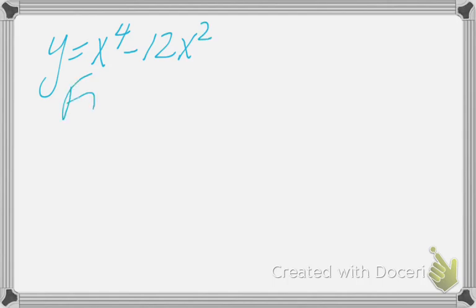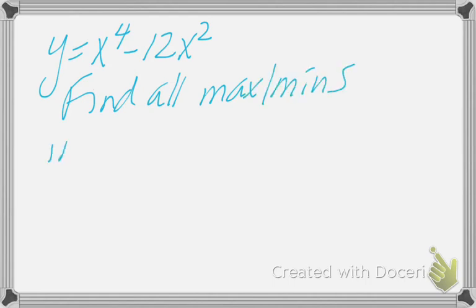Okay, here's a new function. What I'm going to ask you to do is to find all max and mins in two different ways, so you can see how they both work.